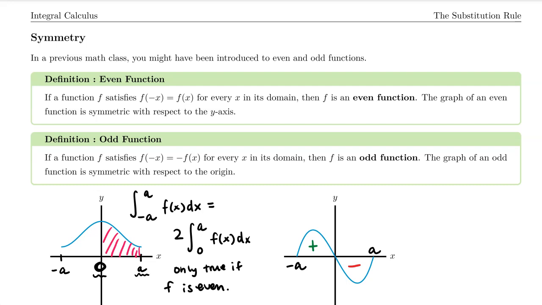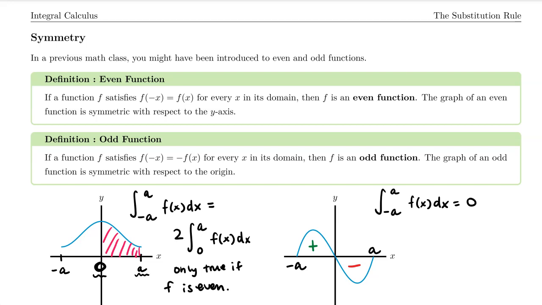And if they ultimately have the same area, then if we have the definite integral from negative a to positive a of f of x dx, this is going to equal 0. And again, this is only true if the limits of integration are from negative a to positive a.